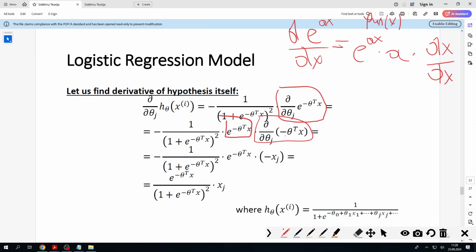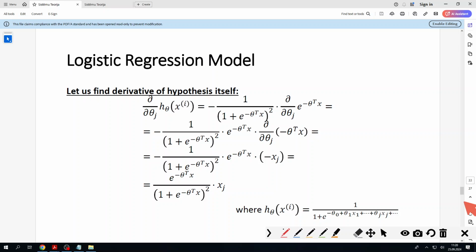Now, let me remind you that your minus theta transposed multiplied by x is actually minus theta 0, minus theta 1 x1, minus etc., minus theta j xj, minus etc., etc. So when you calculate derivative versus theta j, all the others are considered constant and only this one remains.